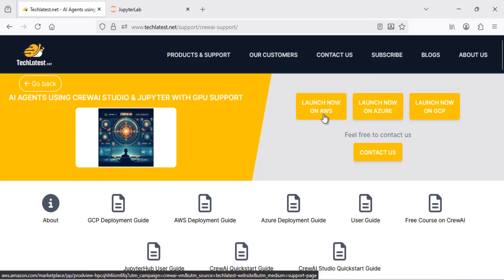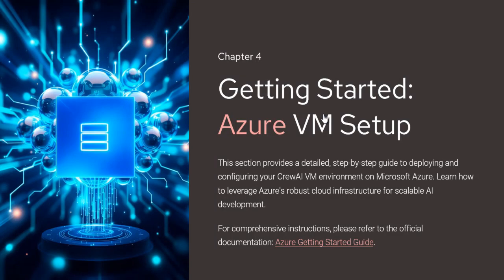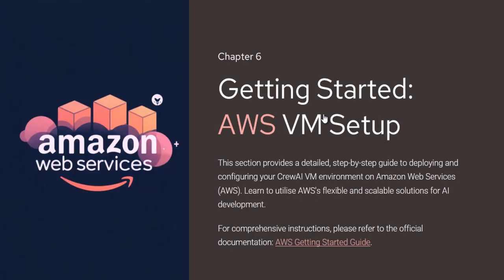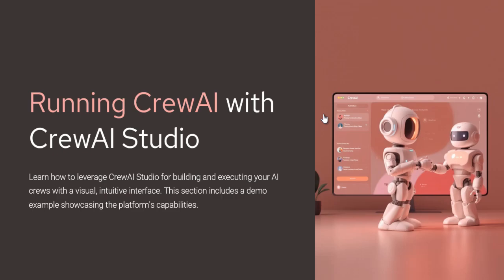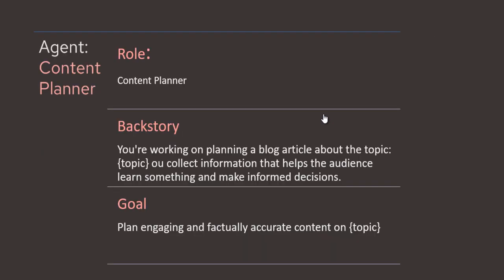It's available on major cloud platforms like Microsoft Azure, Google Cloud Platform, and Amazon Web Services, AWS. So later in this course, we demonstrated how to deploy this virtual machine on your preferred cloud provider and how to access all the bundled tools seamlessly. We also covered a demo on research and writing an article on a given topic using CrewAI Studio in our last video.